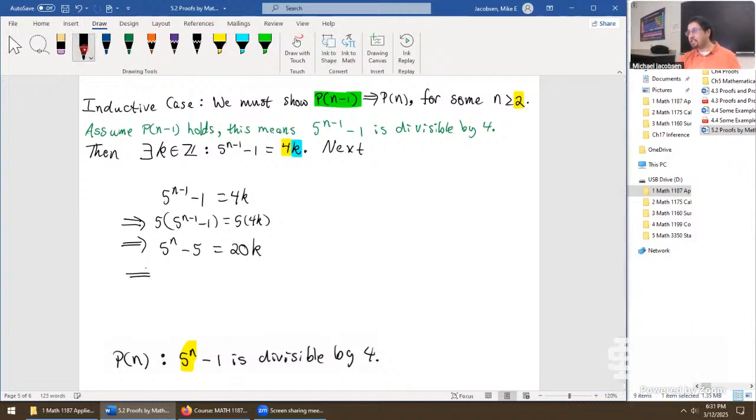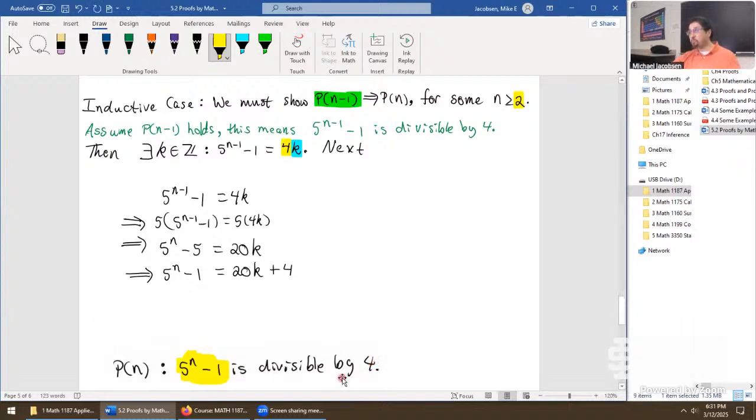So the last equation implies 5^n - 1, because I've added 4, is 20k + 4. We've now matched up this segment of the predicate function. If we can get divisible by 4, our work is done. And recall, divisible by 4 means our right-hand side needs to involve 4 times some integer.